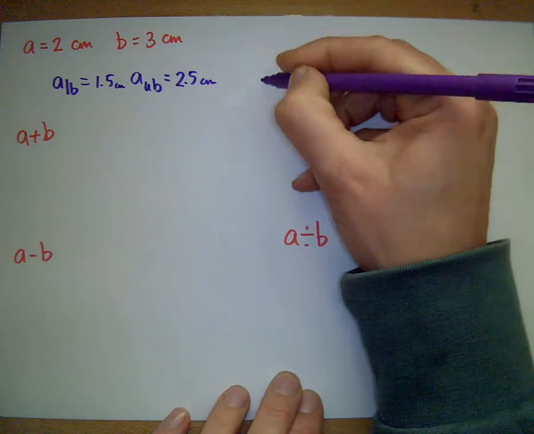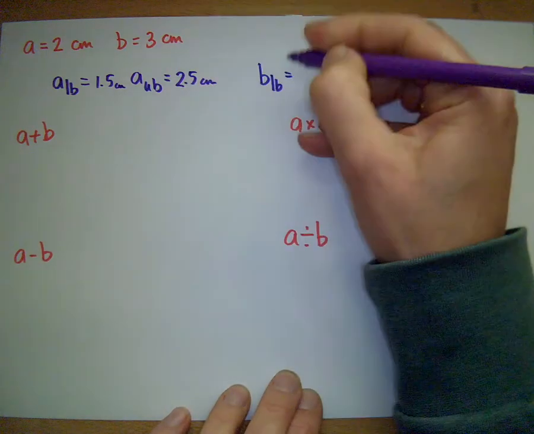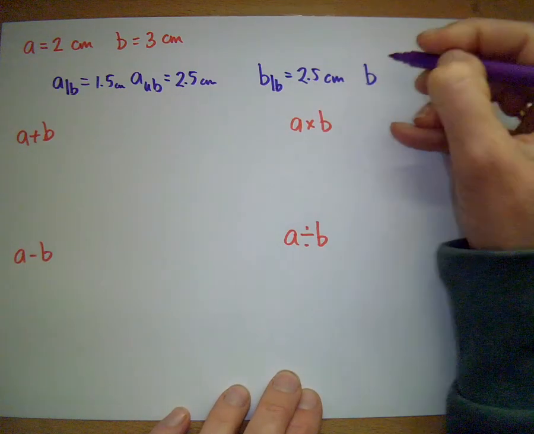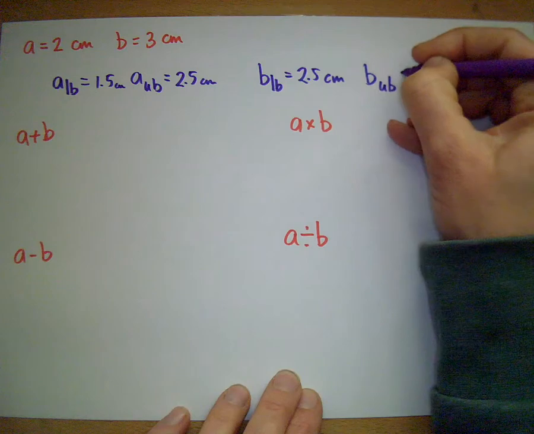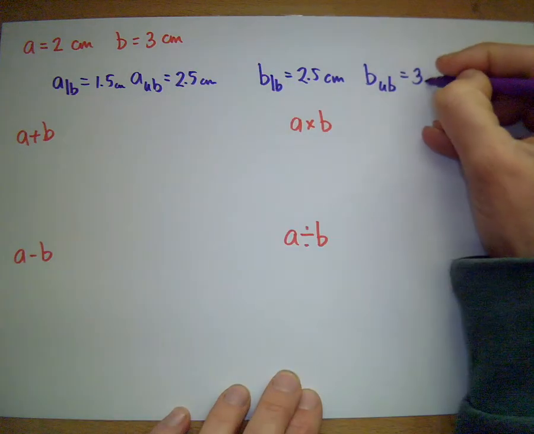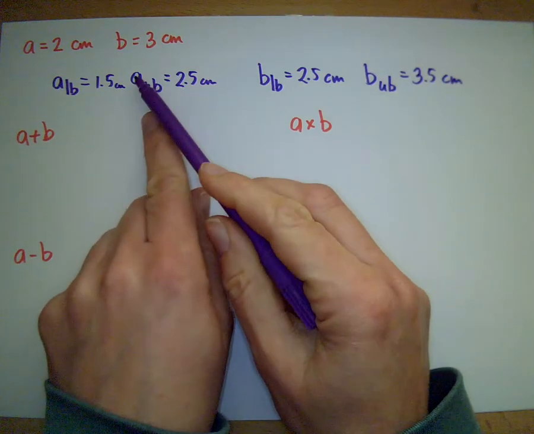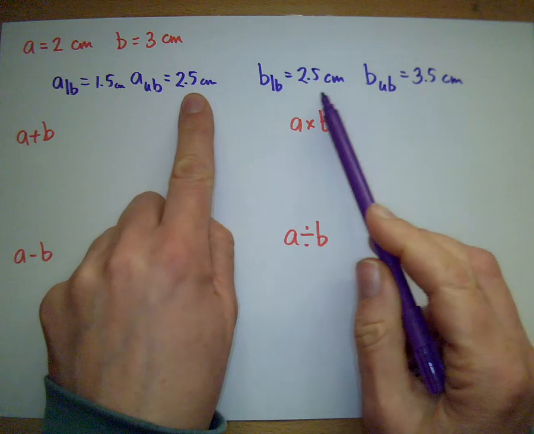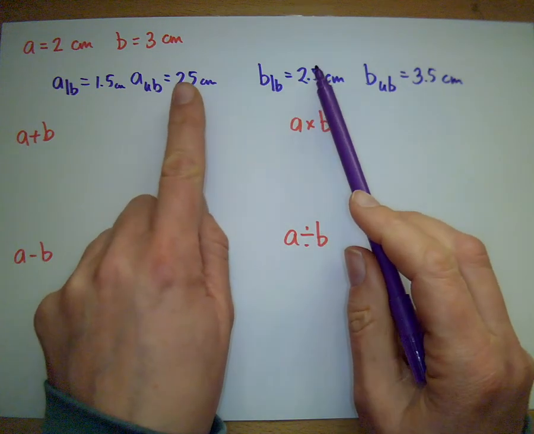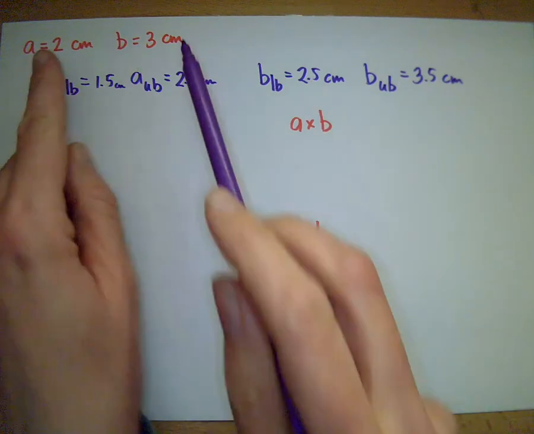The lower bound of B is 2.5 centimeters. B's upper bound goes up as far as 3.5 centimeters. Cool thing here is that A's upper bound is 2.5 and B's lower bound is 2.5. So, you know, they could even have the same size in real life. A and B could.